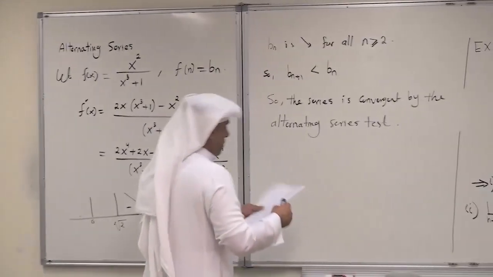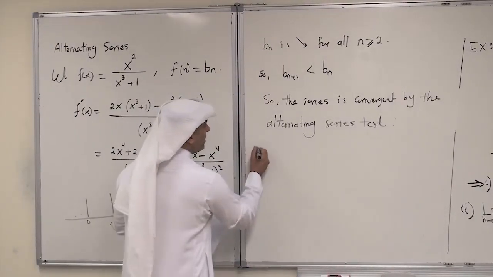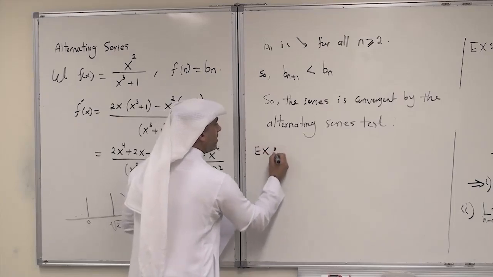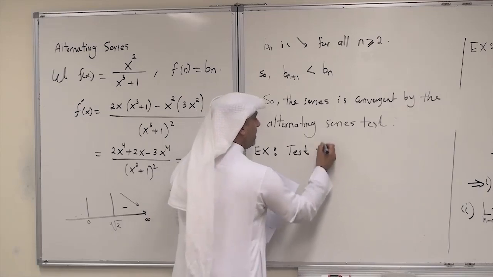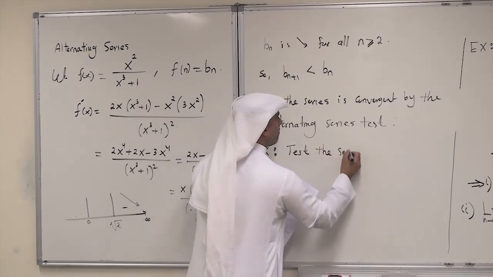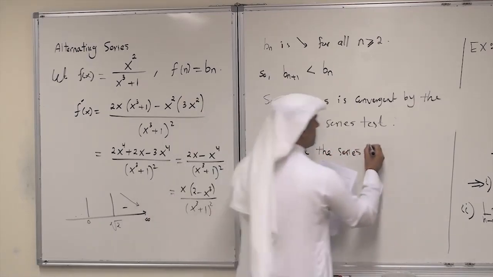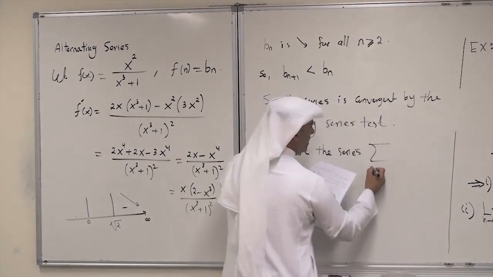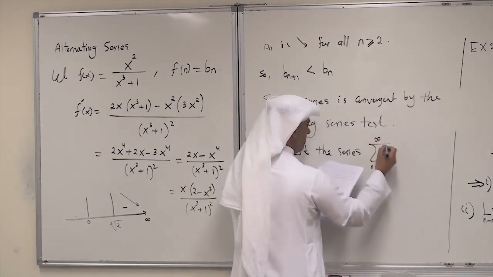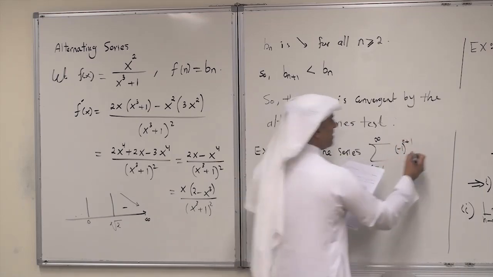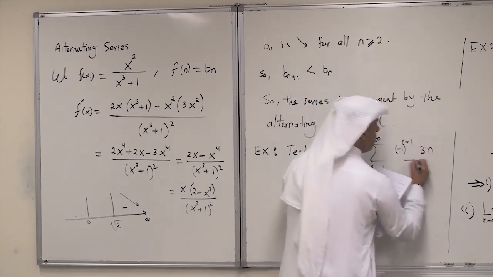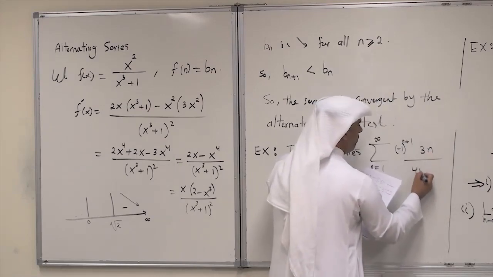So this is part B, let's call it, or another exercise if you like. It says do the same: test the series given by the sum from n equal to 1 up to infinity of minus 1 to the power n plus 1, times 3n all over 4n minus 1.